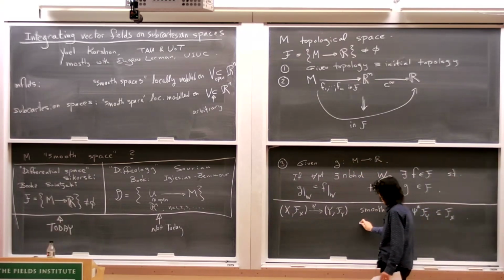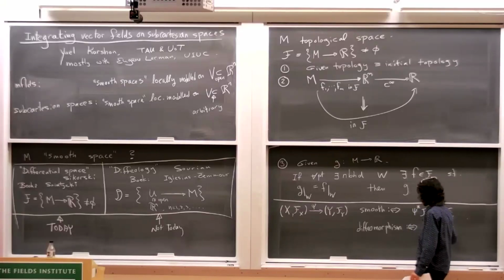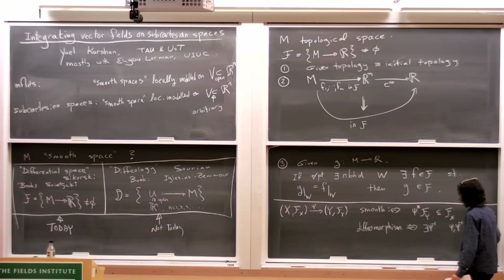And diffeomorphism in the sense of differential spaces simply means that the map is bijective, and both it and its inverse are smooth.